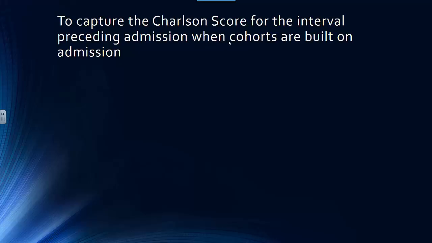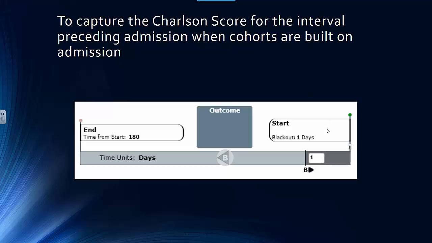In a situation where the cohorts are built on admission, you want a blackout period of 1 day so you won't capture the admission diagnoses of that index hospitalization, and you go back 180 days to capture the diagnoses that preceded that hospitalization.